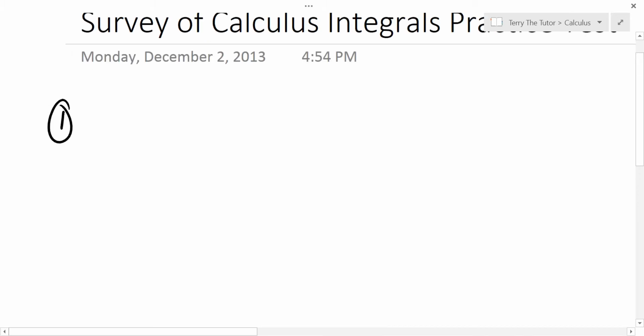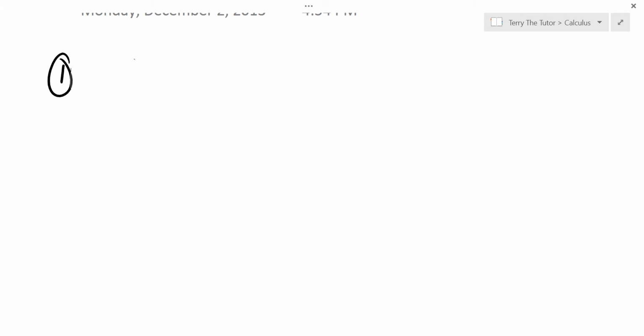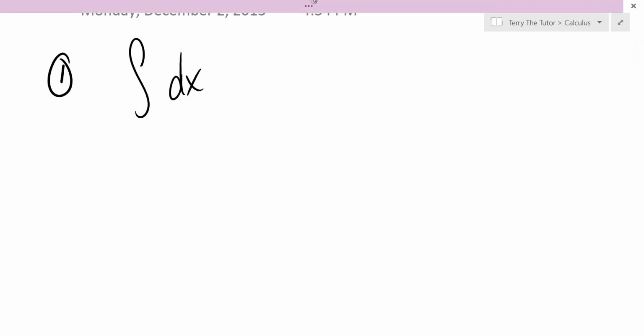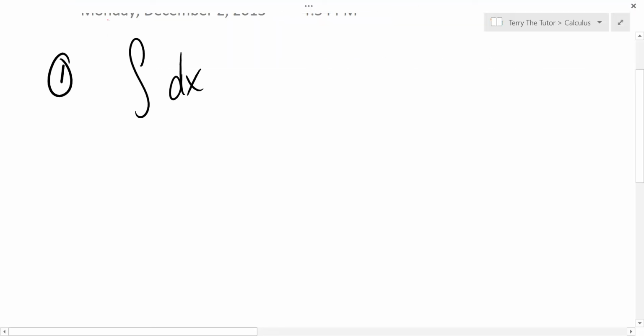Let's start with number one. The directions read, find the indefinite integral. So we've got the integral of dx. As we know, the integral and the derivative are opposites of one another. Now this isn't exactly how it should go, but this is kind of what I do.